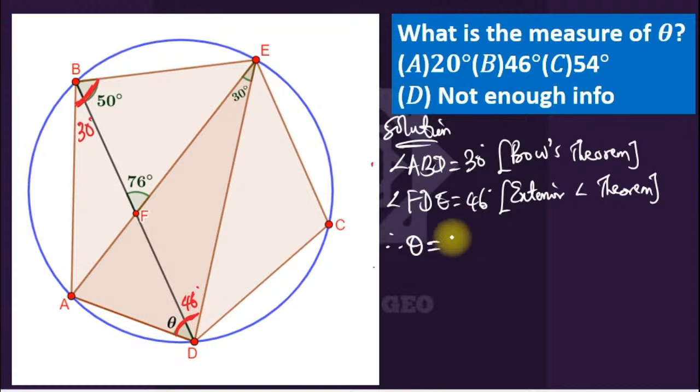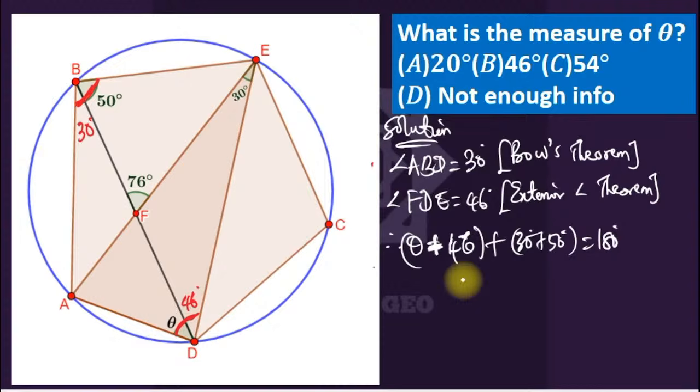It should be 180. That's if you sum this. So let's just do it normally. Theta plus 46 is one of the angles, that's the vertex angle, plus 30 plus 50 must give us 180.